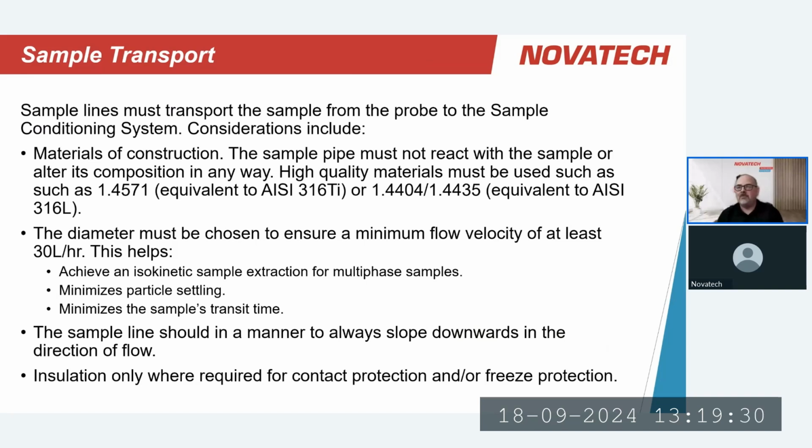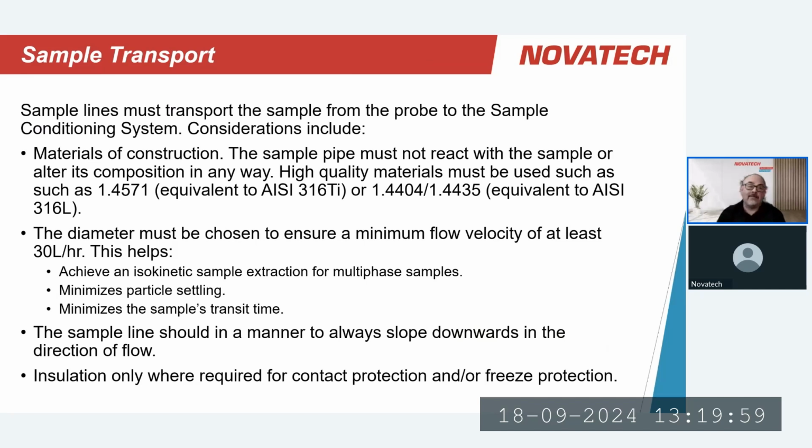It's not about volume so much as it is velocity, because we're trying to ensure that if we have, for example, a multi-phase sample, or if we have any kind of particulate in the line or anything of that nature, that they are swept along in the line and not accumulating potentially in a low point, or because my velocity is too low and I start to actually build up sediment in the bottom of my line.